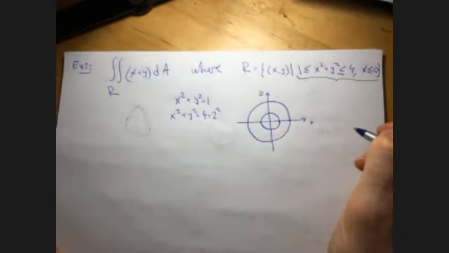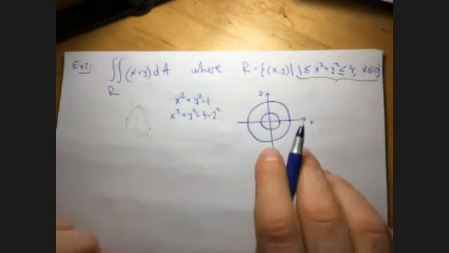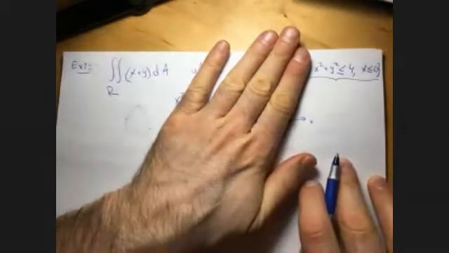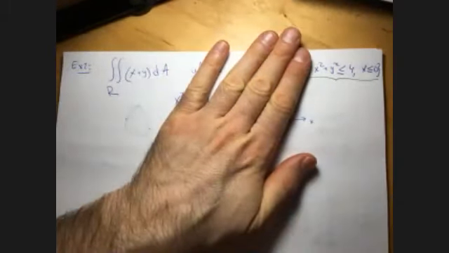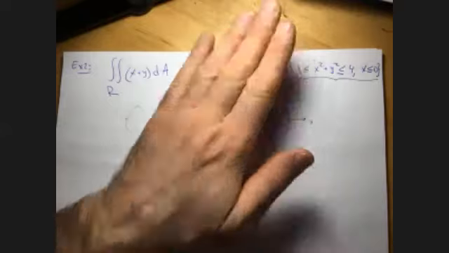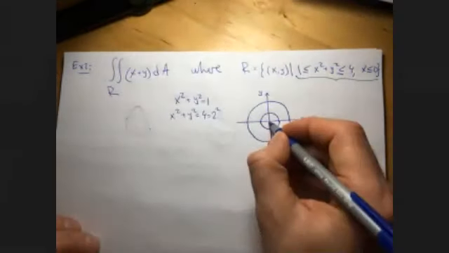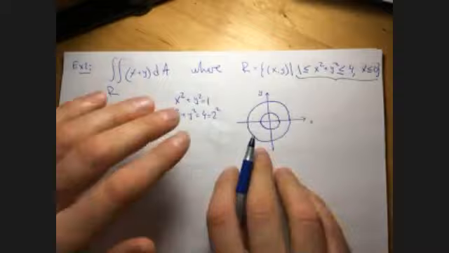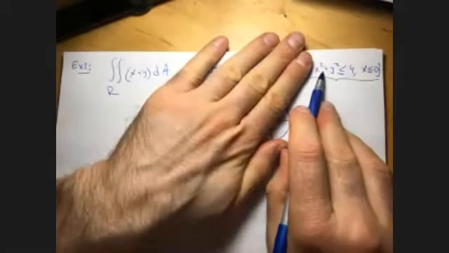Okay. So now let us just concentrate on this inequality here. x squared plus y squared is less than 4. Let's see what points in the Cartesian plane are going to satisfy this inequality. Well, check the point (0, 0), right? (0, 0) satisfies this inequality.